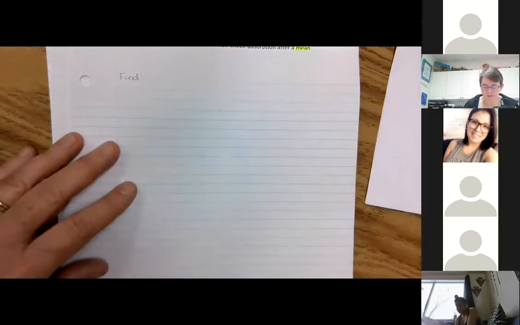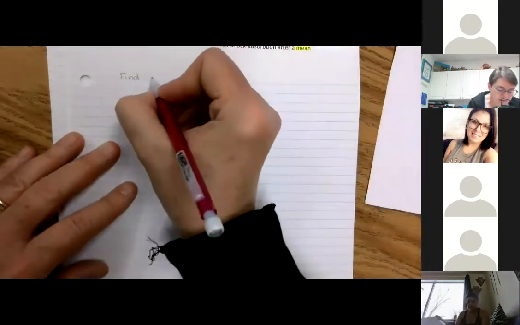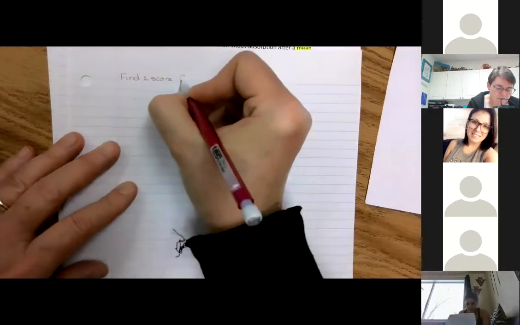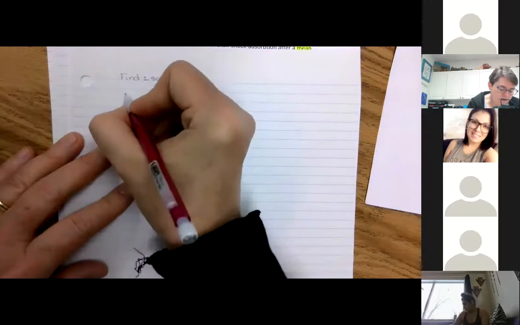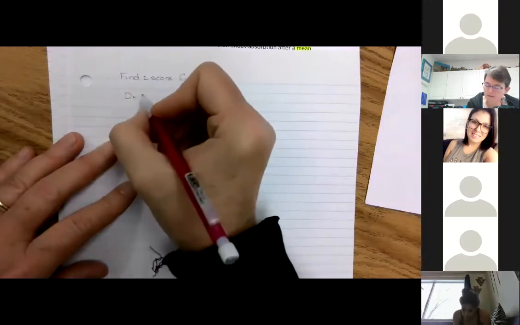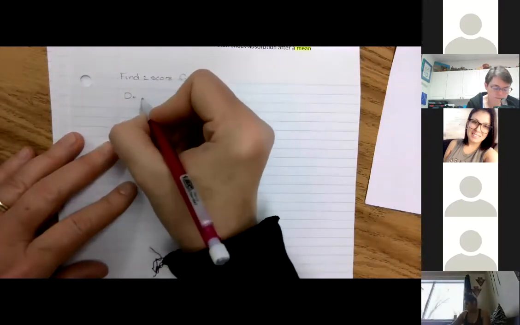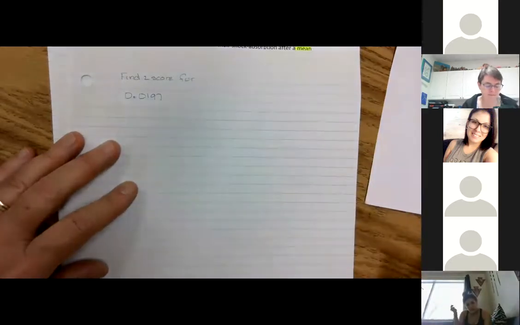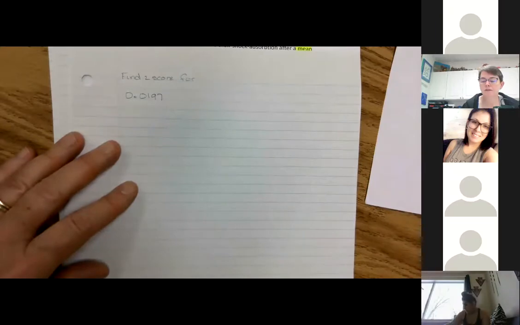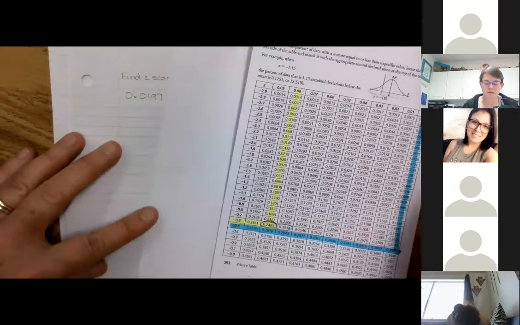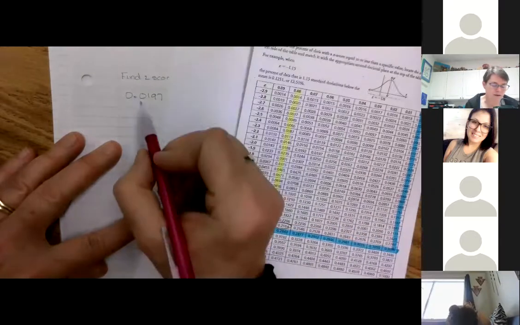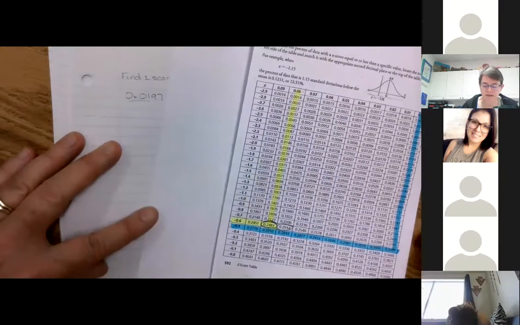I'm sure there's room somewhere on your page to write this. Find the Z-score for 0.0197. I want you to find the associated Z-score for this number. So you've got to look on your table and find it.